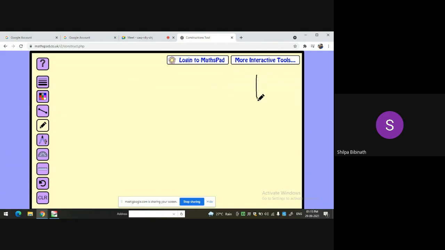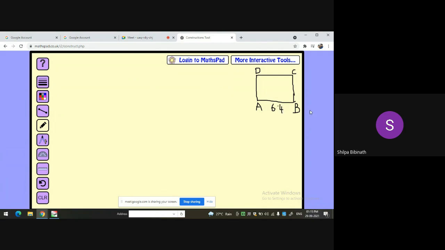So let's construct. Before constructing, what did I tell you all? To draw the rough figure. So draw the rough figure there. We'll just randomly draw a rough figure. Now we'll name it as A, B, C, D. Now, which measurements are given here? AB is given as 6.4.